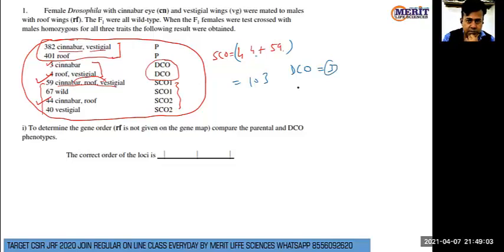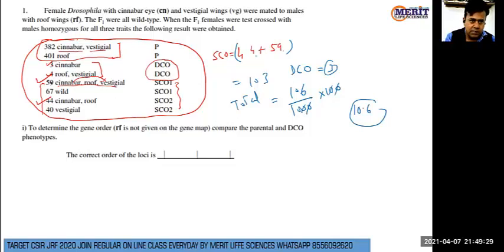So total will be 106. And what is the total now? Suppose this is around 1000. Then multiply by 100, and now you can calculate. This is around 10.6. So now you can calculate the distance between Cinnabar and Vestigial.